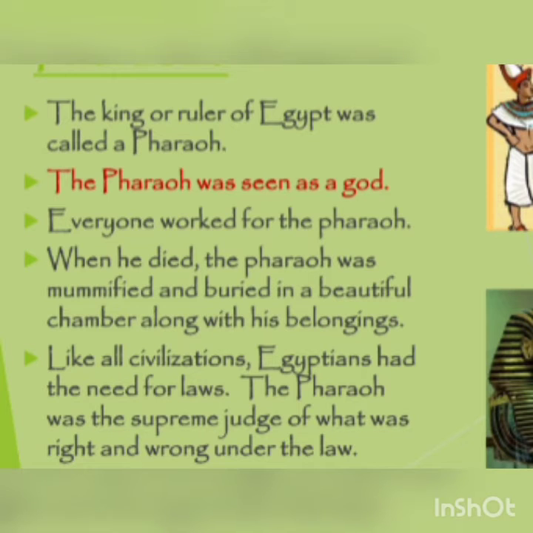When he died, the pharaoh was mummified. What do you mean by mummified? Actually we do postmortem, right? To check if a person has died in some way other than normal death, the officials do a postmortem, right? So in a postmortem, what will they do?